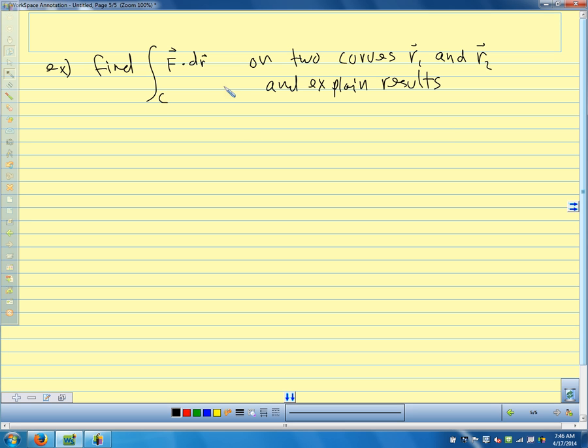We're going to do these line integrals in differential form. So our field f for this example is x squared y i hat plus x y to the 3/2 j hat. And R1, our first curve, is t plus 1 i hat plus t squared j hat, from 0 less than or equal to t less than or equal to 2.